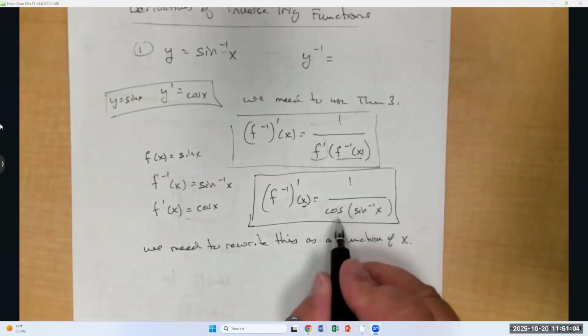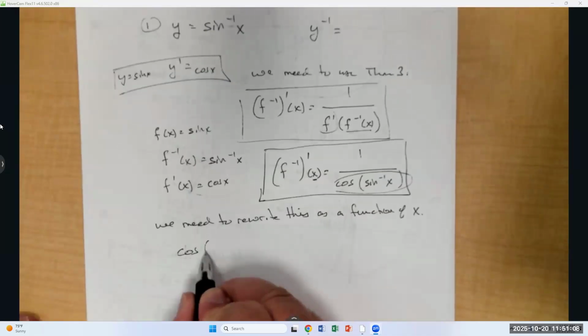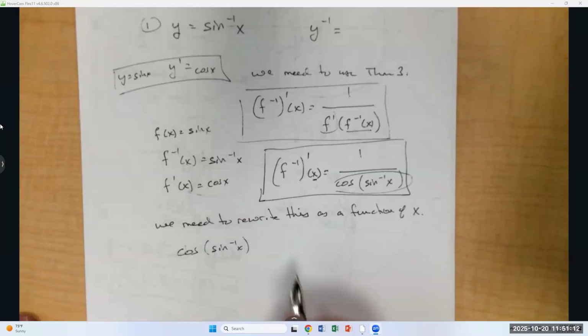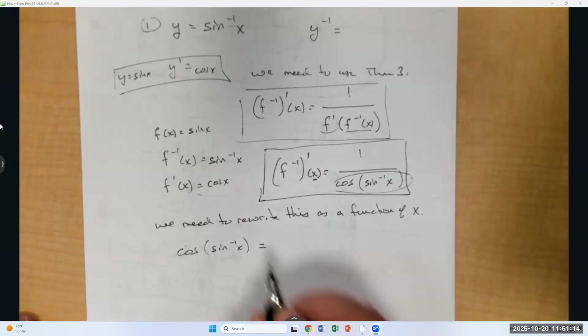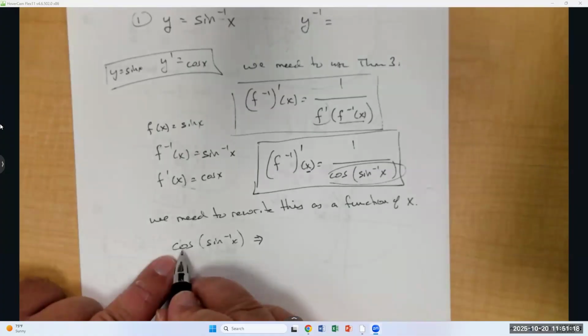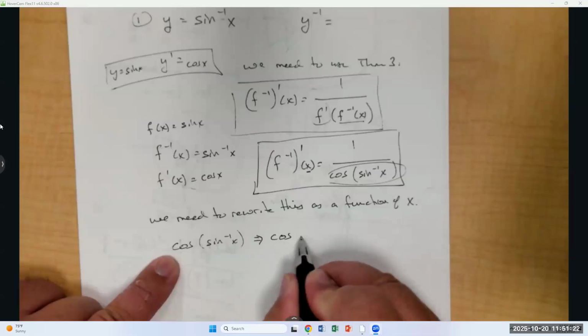So with this part here, the cosine of the inverse of sine, since this is a function within a function, we use substitution. So this is cosine of u.